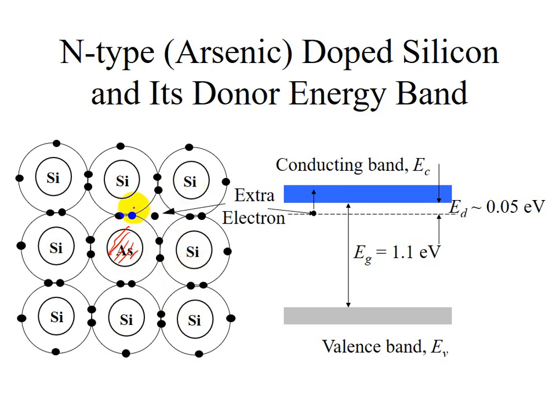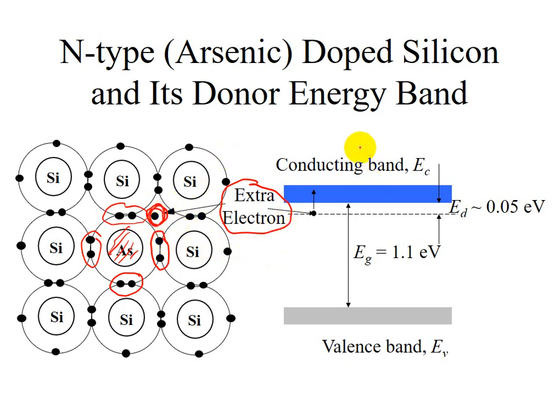After covalent bonding, sharing 2 electrons with each adjacent silicon atom, you get 1 extra electron which is not bound. So this is the electron we are interested in.